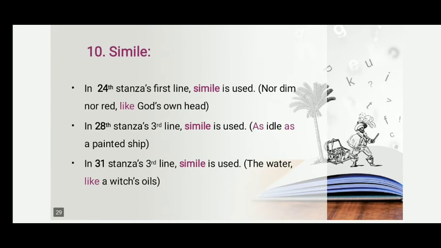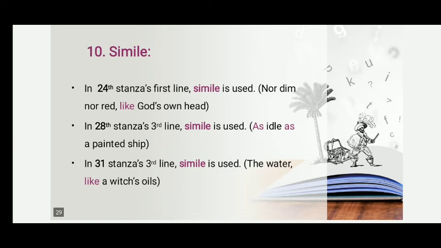The tenth literary device in the second part of this poem is simile. First, in the 24th stanza, first line, simile is used: nor dim nor red, like God's own head.